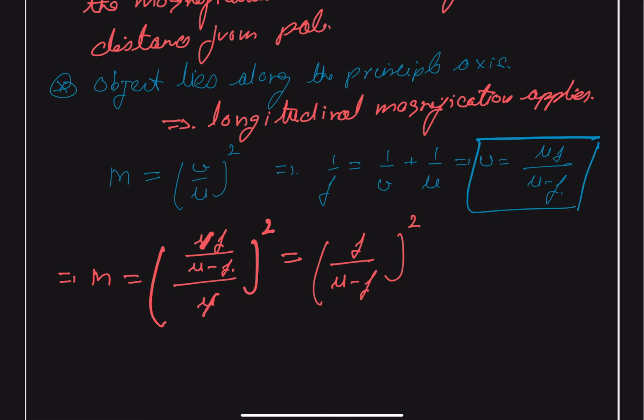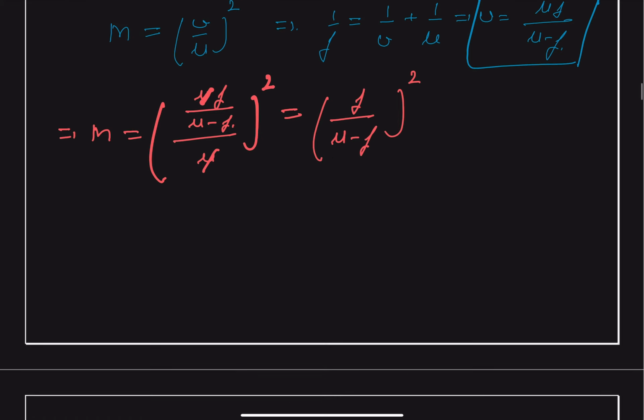Therefore we can say that if the size of the image is represented as b prime, it will be equal to m multiplied by b. m is the magnification we just found out, so this comes as b multiplied by f upon u minus f and its whole square.